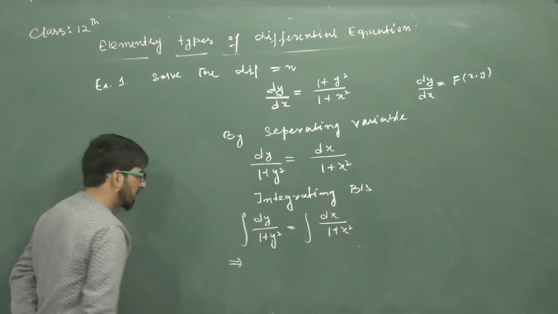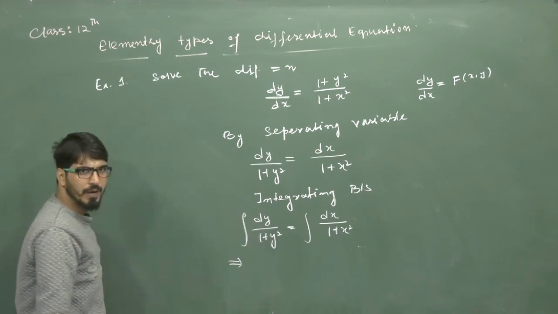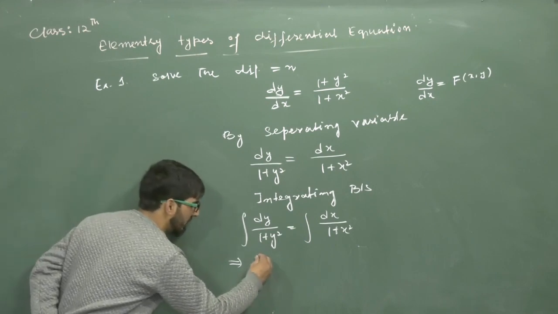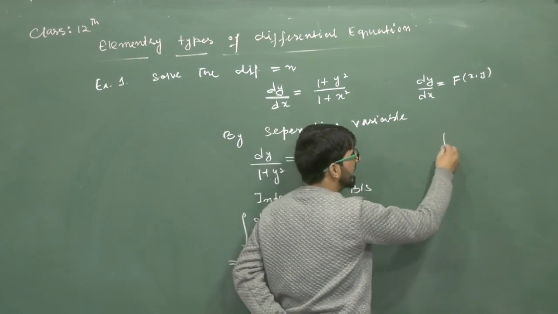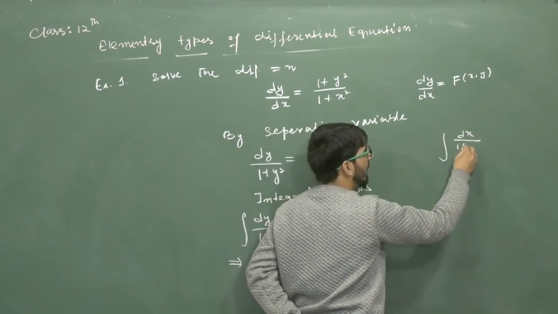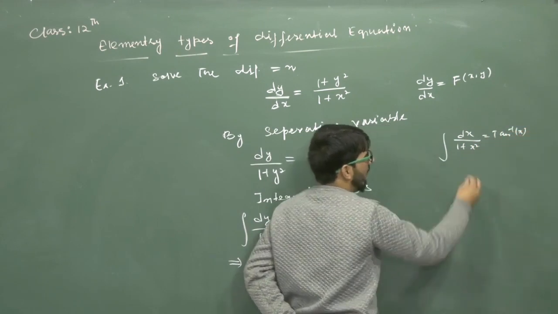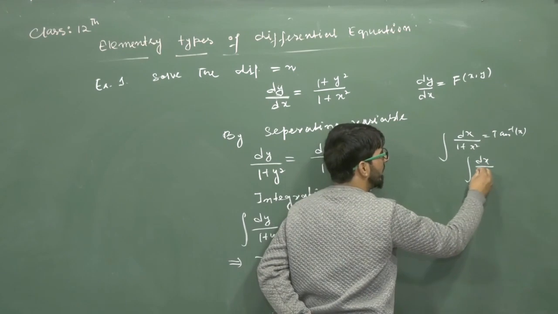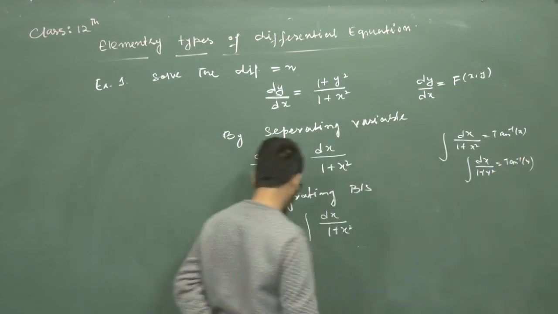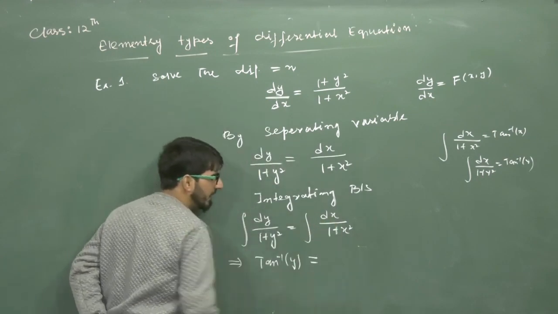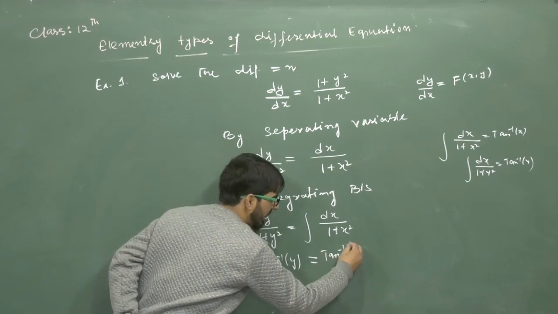As we know from integral calculus, integral of dy divided by 1 plus y square is tan inverse of y, and integral of dx divided by 1 plus x square is tan inverse of x.